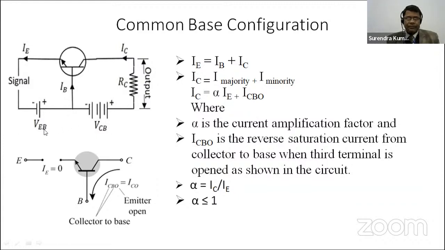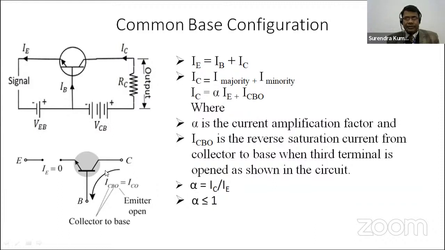If VBB is put equal to 0 potential, then VB will be 0, so the emitter current will be 0. So there will be only leakage current in the transistor, and the direction of that leakage current will be from collector to base terminal.